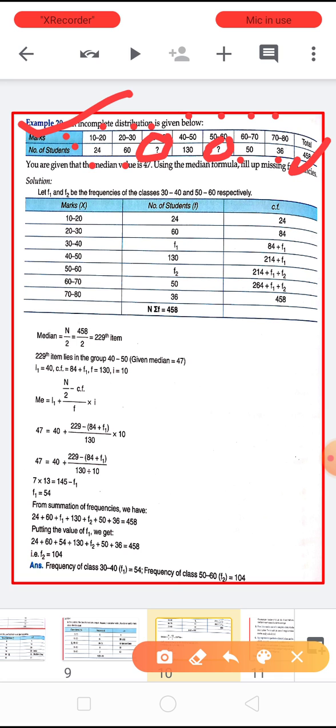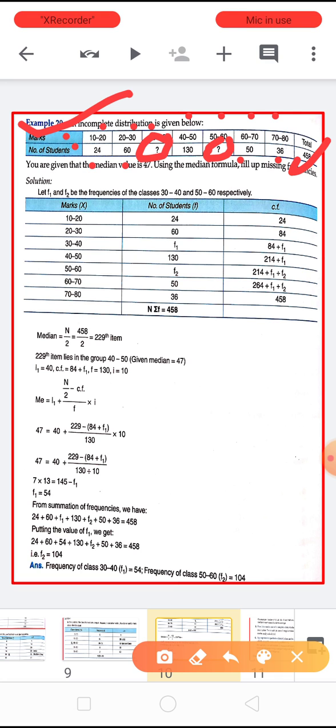So children, in this question the median is given as 47, and using the median formula we need to fill up the missing frequencies. We have to keep in mind that we need to find the missing frequencies of the class intervals 30 to 40 and 50 to 60.